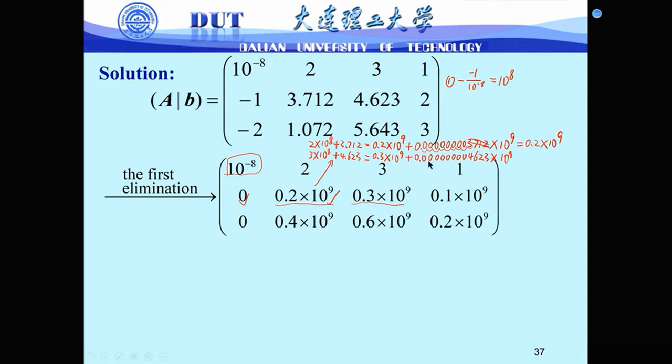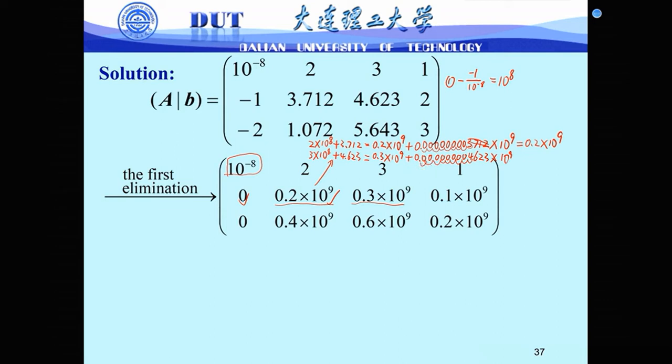Let's check. From this decimal point, 1, 2, 3, 4, 5, 6, 7, 8, 9. It's okay? Repeat, okay? 1, 2, 3, 4, 5, 6, 7, 8, 9. It's okay for you? 9 to here.